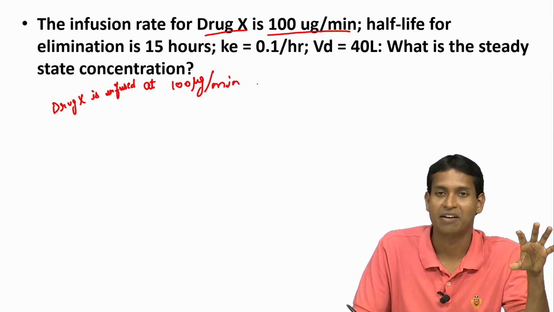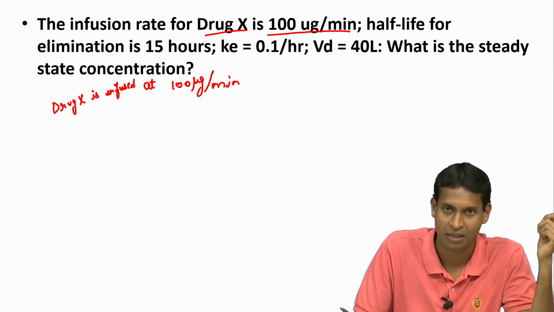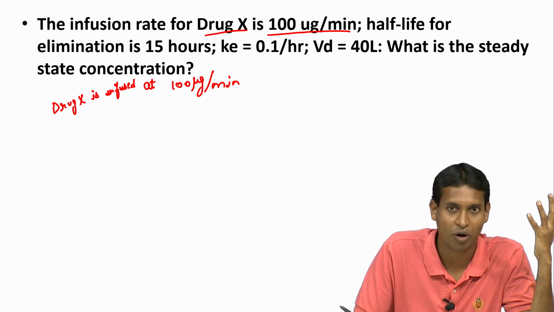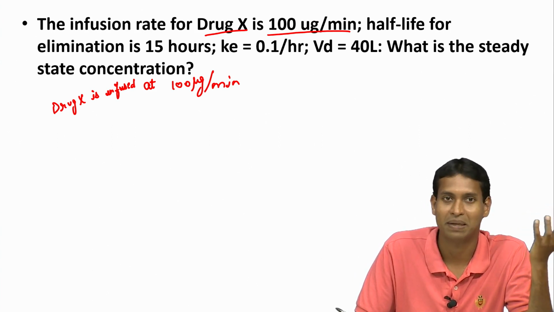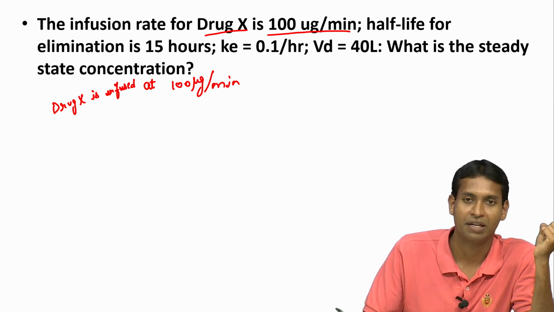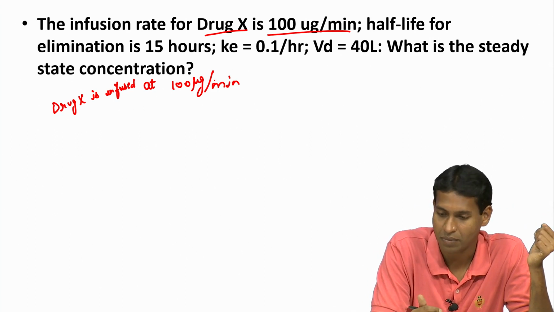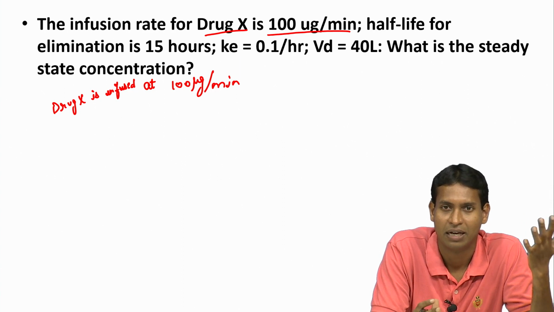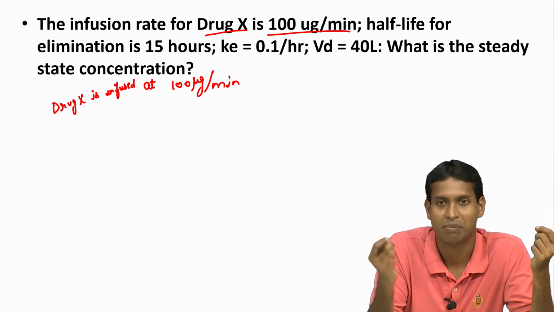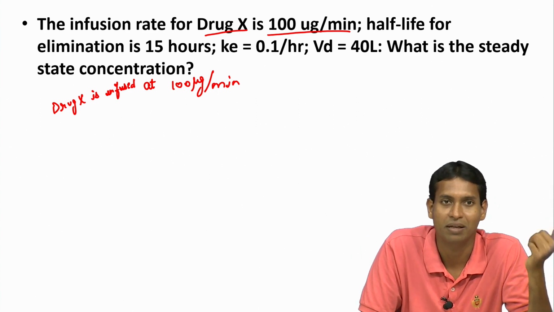So, maybe it is an IV drip. If you go to the hospitals you have seen they will have this stand with a bottle connected to your veins through a tube. So, maybe it is something like that scenario, where they are allowing about 100 μg of drug to go in per minute. And how would they do that? Maybe the drip has a concentration, and they are releasing maybe 0.1 ml per minute, and that comes out to be 100 micrograms. So, something very achievable.